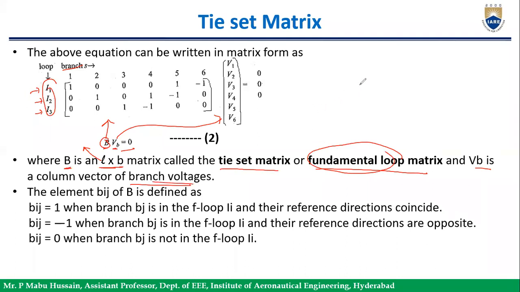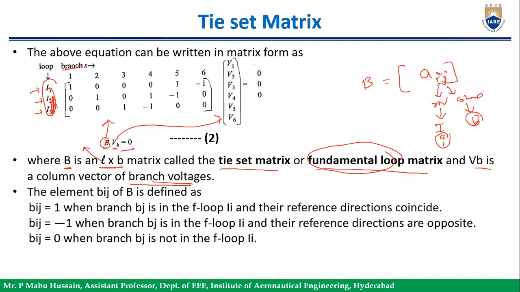Now B has some elements here. Let us call each element Bij. I represents the rows, J represents the columns. What are the rows here? The rows are the loop currents, and the columns are the branches. So here I is the loop current and J is the branch.